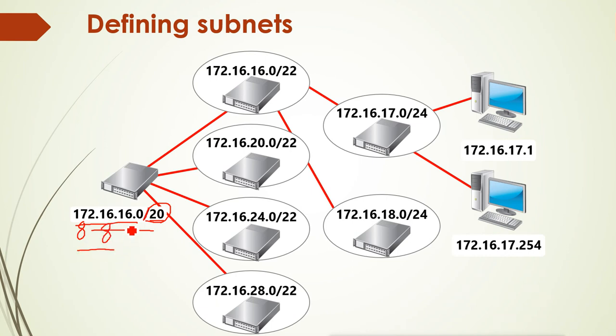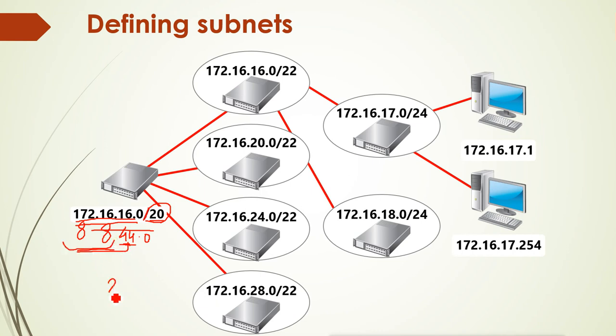Then from the next 8 bits, we have 4 bits on and 4 bits off, and then in the last part all 8 bits are off. So the total enabled bits we have is 20. So based on 20, 4 bits are on, 4 extra bits apart from the default. So what do we get?